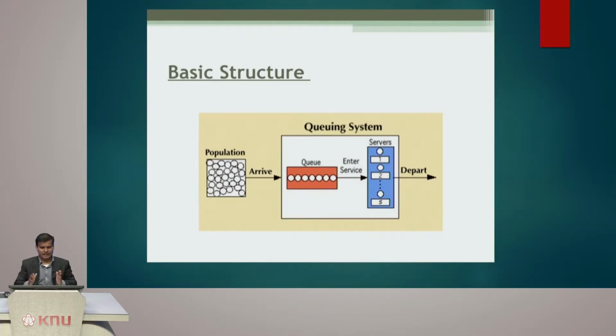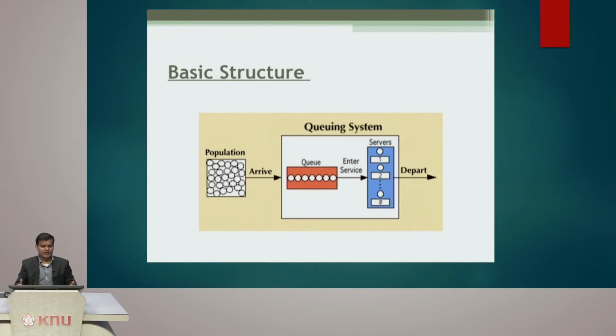So, you can consider the entire system. For example, when I say the number of customers in the system, it includes both the customers waiting in the queue and the customers currently being served.